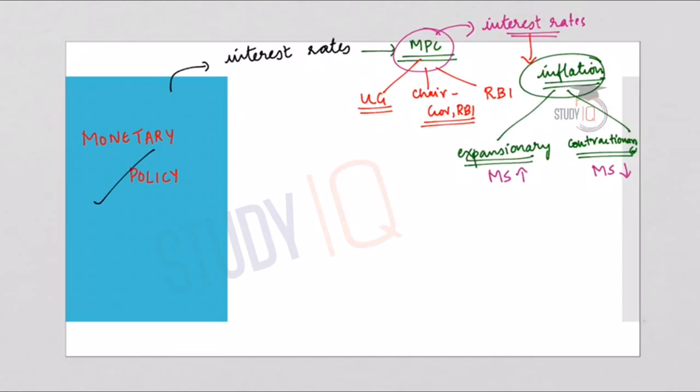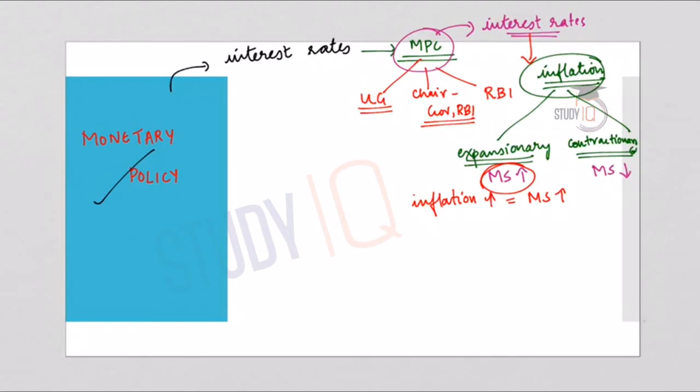Now let us see how inflation is related to this expansion and contraction. Inflation essentially means there is an increase in the prices of commodities in the market, that is, there is an excess of money supply in the market. So when inflation is high, it means that money supply is high in the market. So the RBI or the Monetary Policy Committee would want to reduce the money supply.